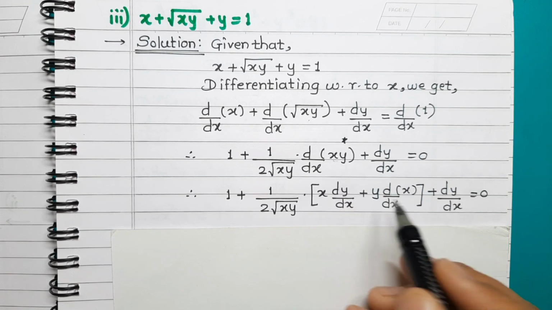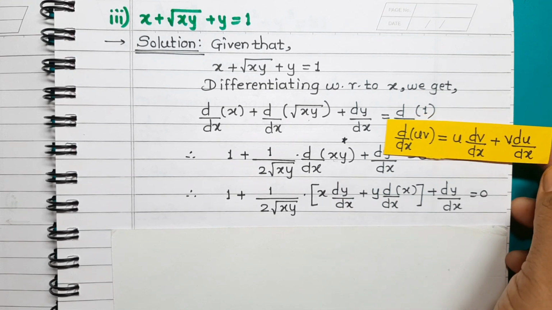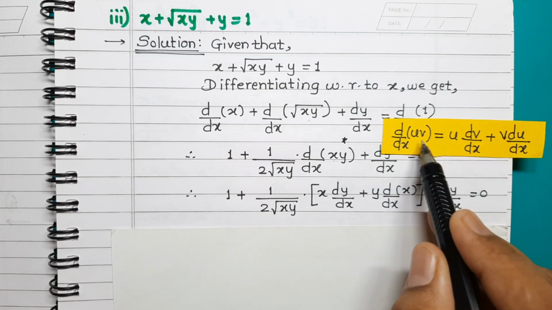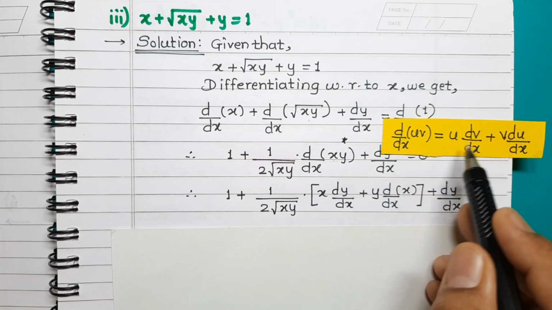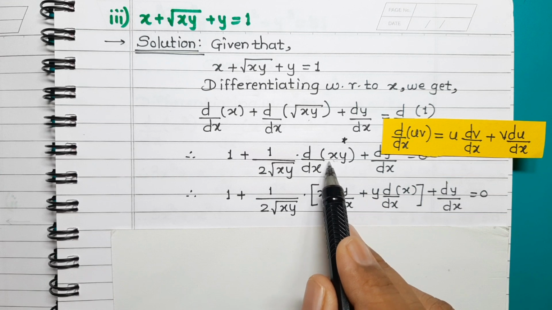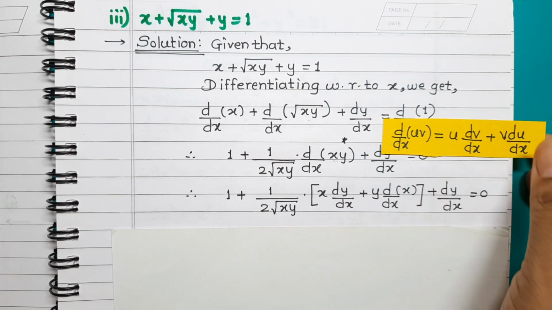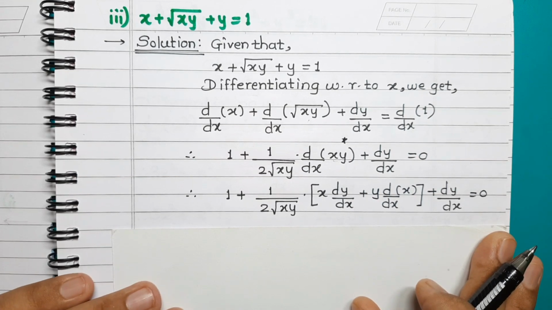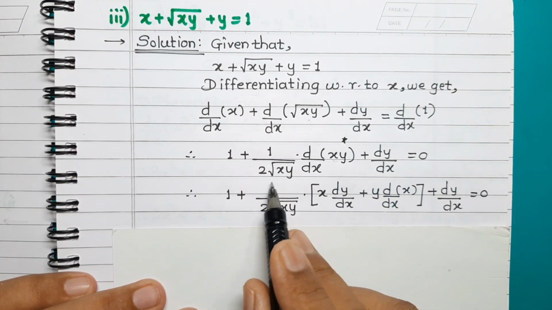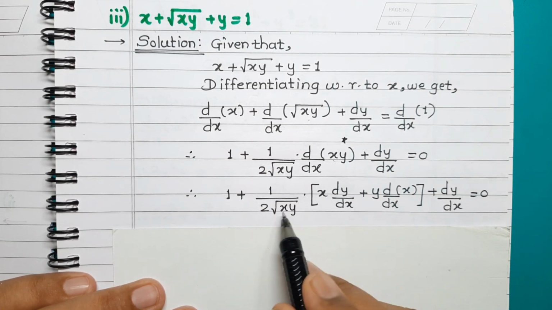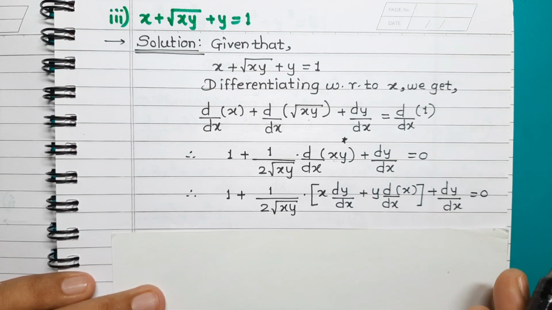Okay, so here we have used product rule for differentiation. Okay, so according to this rule we have evaluated derivative of this product. So you note this.